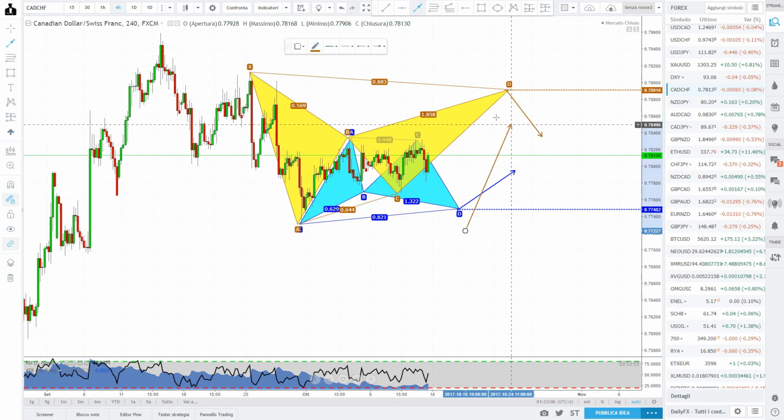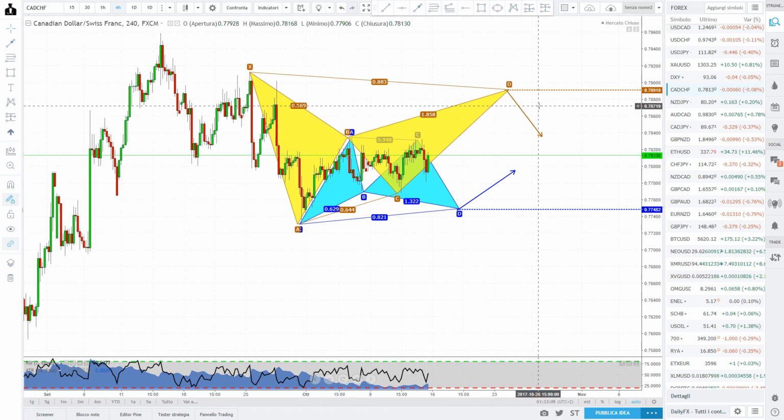Either way, we are going to take a trade. Long, short, we don't care. We know that we have an edge on both sides. We know that we can use advanced pattern formations on both sides and follow a strategy.